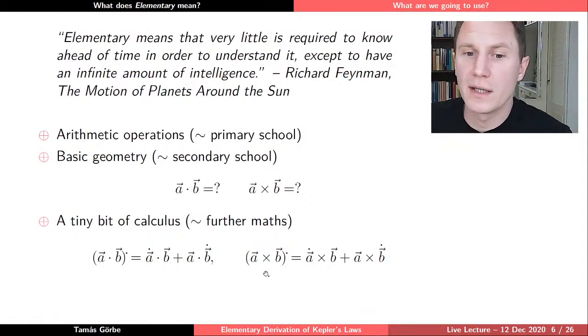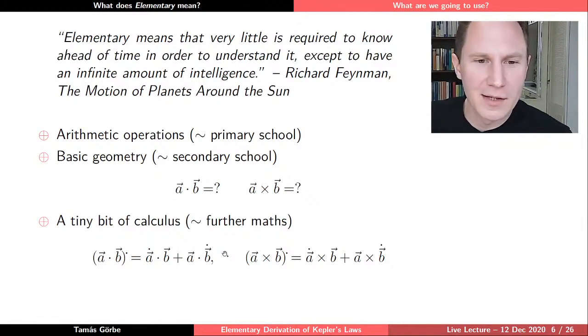And the same goes for the vector product. So you take the first vector, take its rate of change, and then you rest for a bit, and then you take the second vector and its rate of change. It's called the product rule, or sometimes it's referred to as the Leibniz rule.